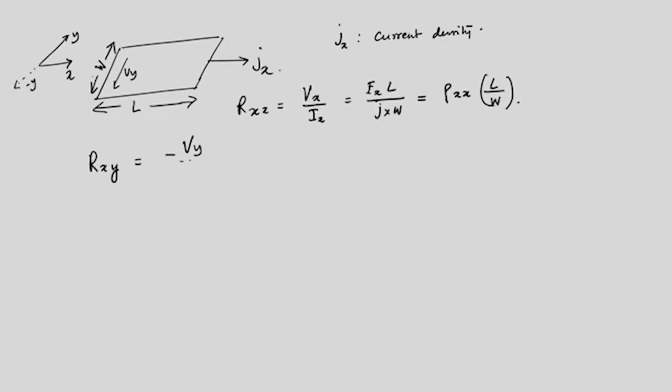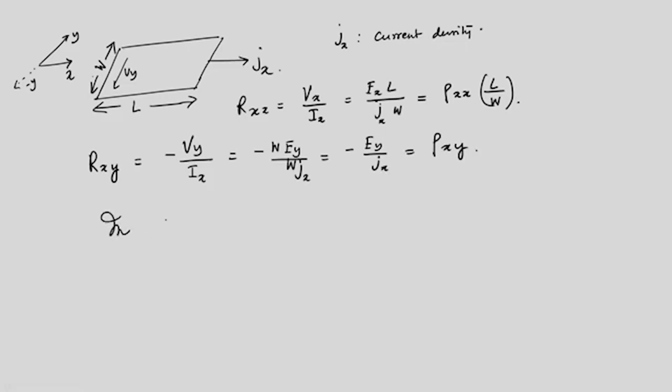So, this is minus Vy divided by Ix, and this is equal to minus W Ey by W Jx. The W will cancel, so it is equal to minus Ey by Jx, and this is nothing but rho xy.